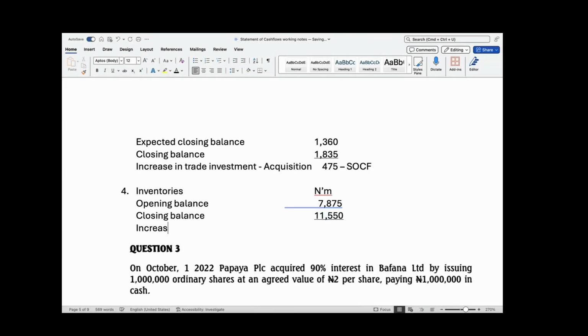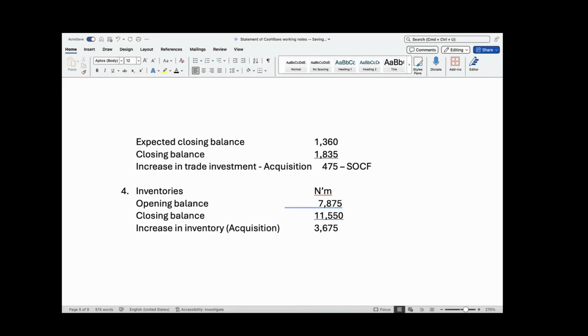There is an increase in inventory, which is an outflow, acquisition. Just that inventory does not go to investing. We'll adjust it under operating. You will see how I'll do that. So what's the difference? 3,675. Number 5 is my trade receivables.